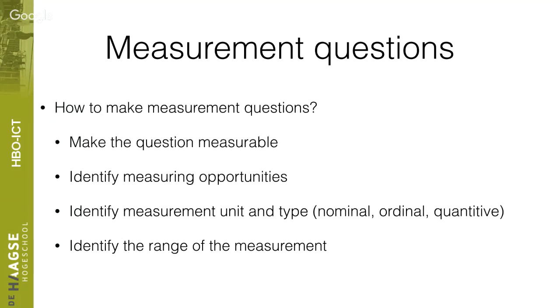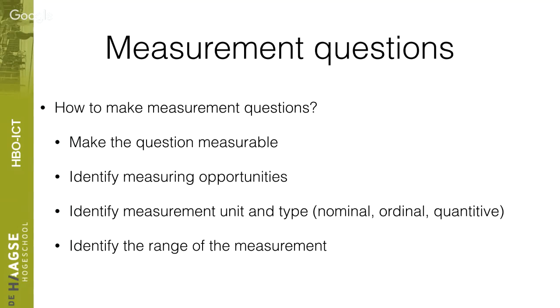How to make measurement questions? Make the questions measurable. That's very obvious. Identify measuring opportunities. You have interaction with your system, and sometimes it's not very straightforward what you can measure or where you can measure it.